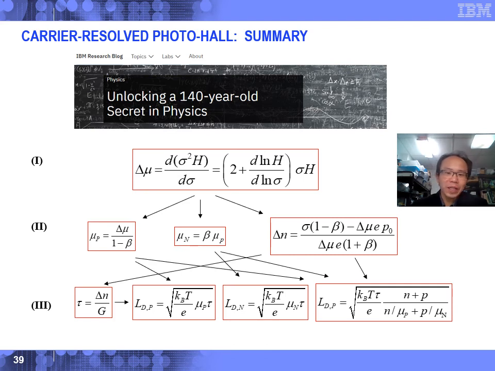In summary, this technique is exciting because it allows us to unlock new sets of three layers of information that were not accessible before. It started with the delta mu equation, and this allows us to unlock the hole and electron carrier density, and finally this allows you to calculate the recombination lifetime and diffusion length for hole, electron, and ambipolar type.